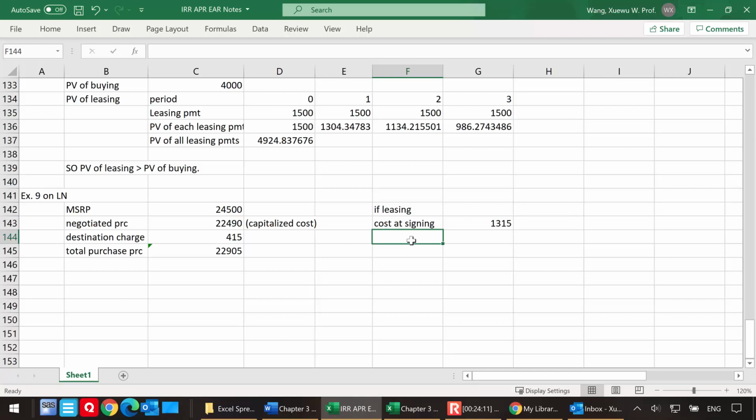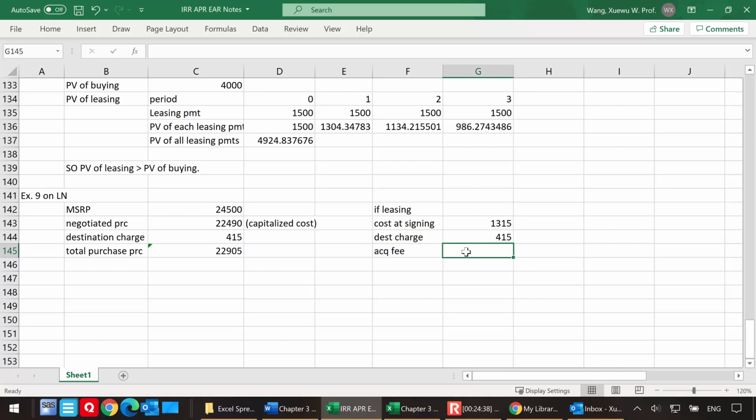Well, the dealer says this is broken down into the following. First of all, the destination charge. It doesn't matter whether you buy or lease, you're going to pay the $415, and at other dealers it's the same price. You also have the so-called acquisition fee.